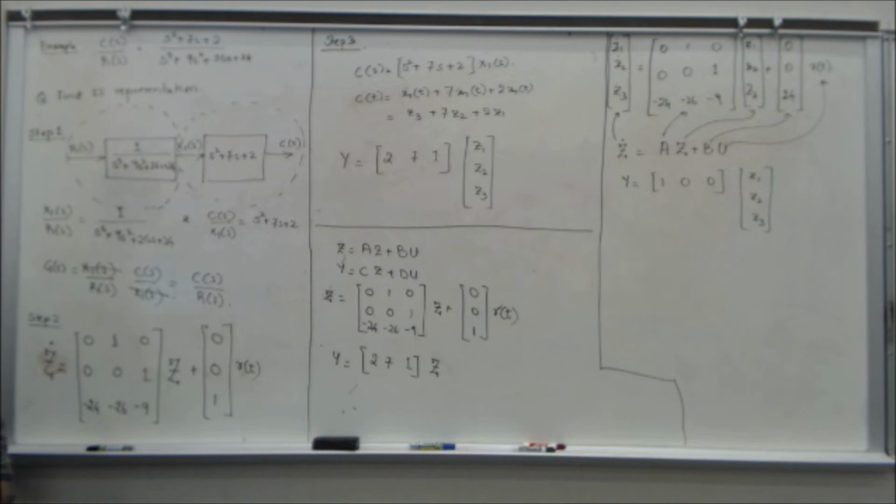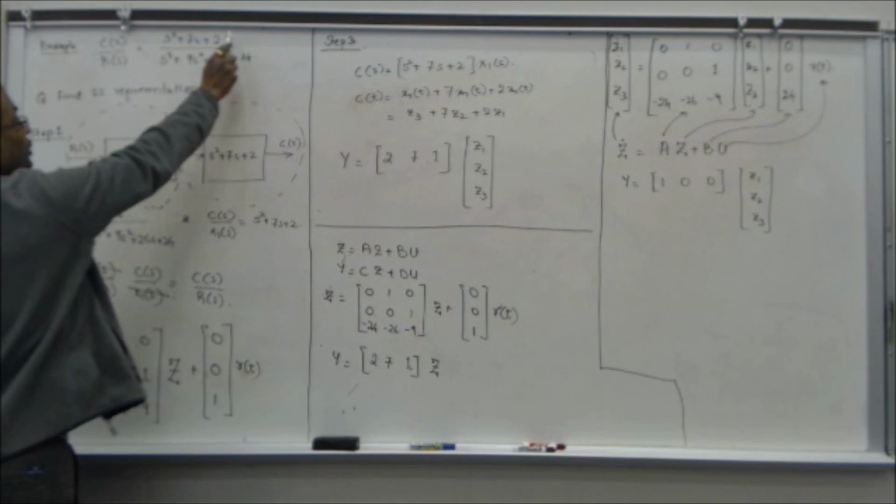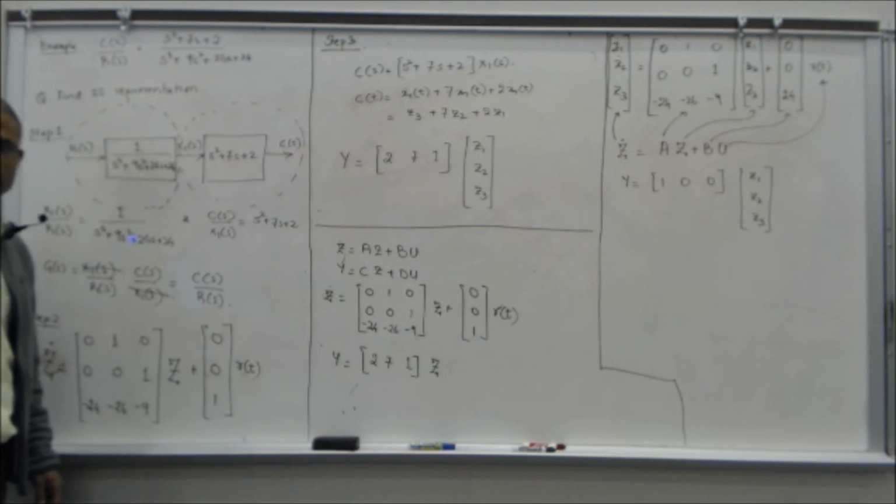If you practice just a few problems, you can actually just look at something like this and figure out what the state space representation should be, right? It's very very intuitive. For example, now you can relate this one and this one, right?